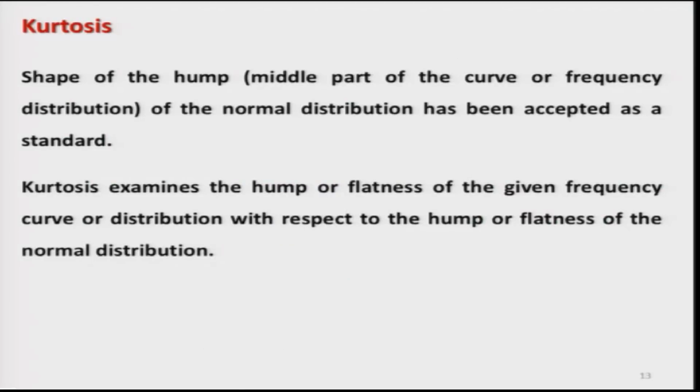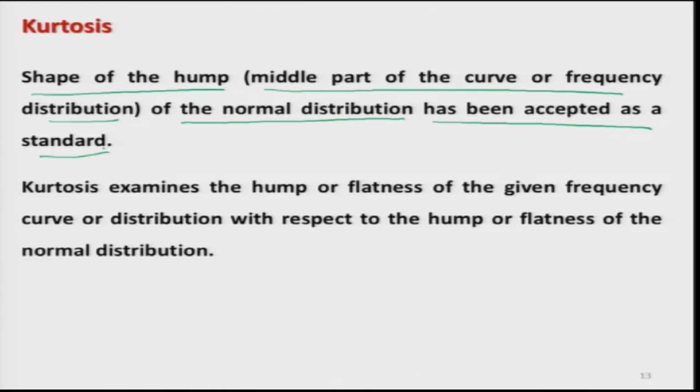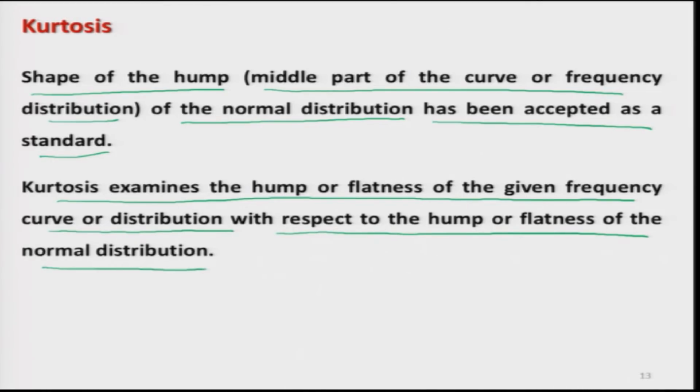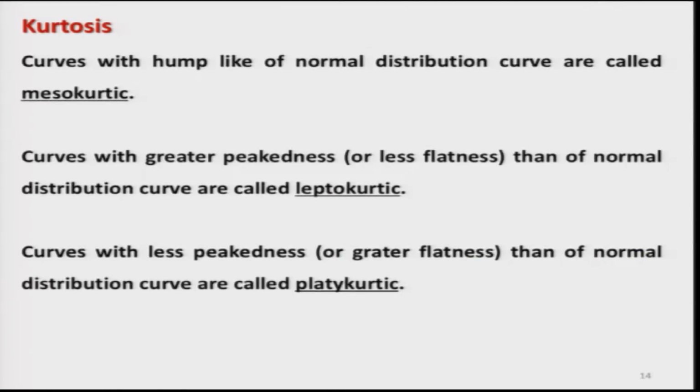So, now I can explain that the shape of the hump, which is the middle part of the curve or the frequency distribution of the normal distribution, has been accepted as a standard one. And the property of kurtosis examines the hump or the flatness of the given frequency curve or distribution with respect to the hump or flatness of the normal distribution, which we have just understood.